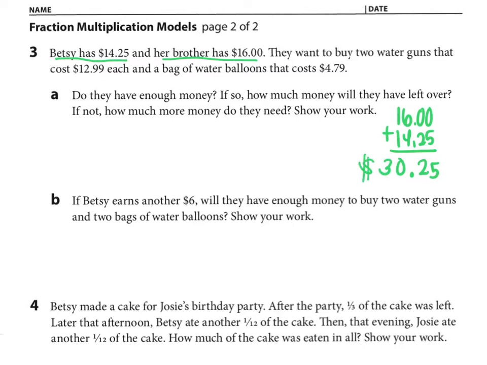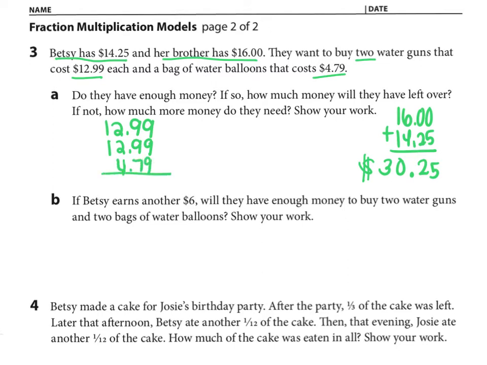I believe so. They want to buy 2 water guns that cost $12.99 each. So that'd be $12.99 times 2, or $12.99 plus $12.99. But they also want a bag of water balloons that cost $4.79. So I need to add that in too.